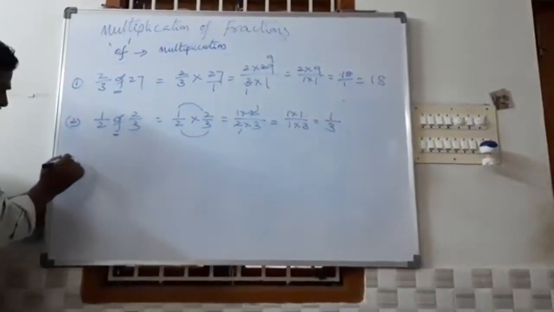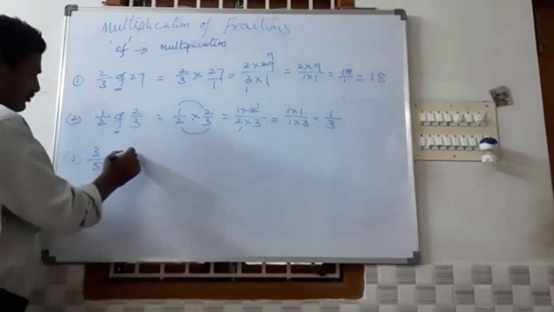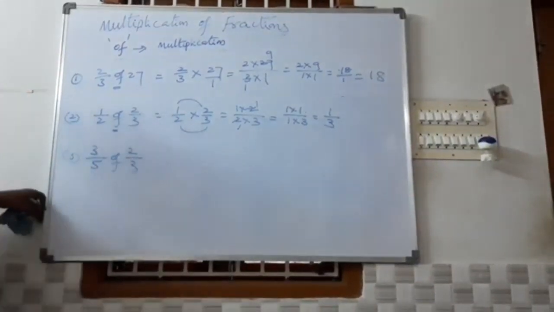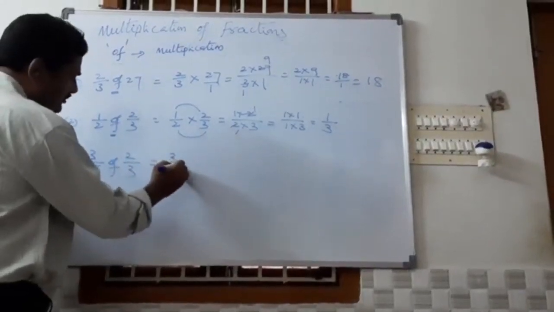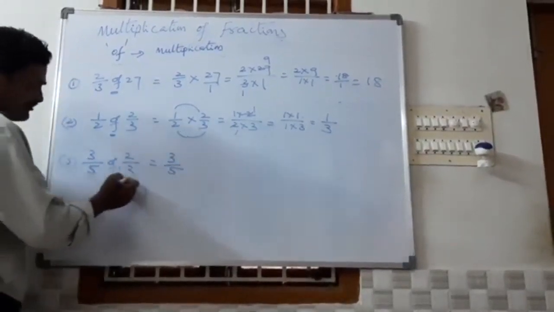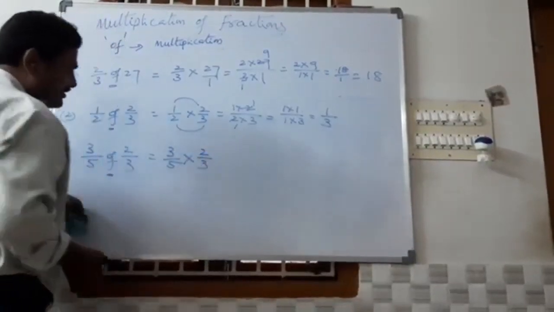Next, third question. 3 by 5 of 2 by 3. That equals 3 by 5, "of" stands for multiplication, and 2 by 3.